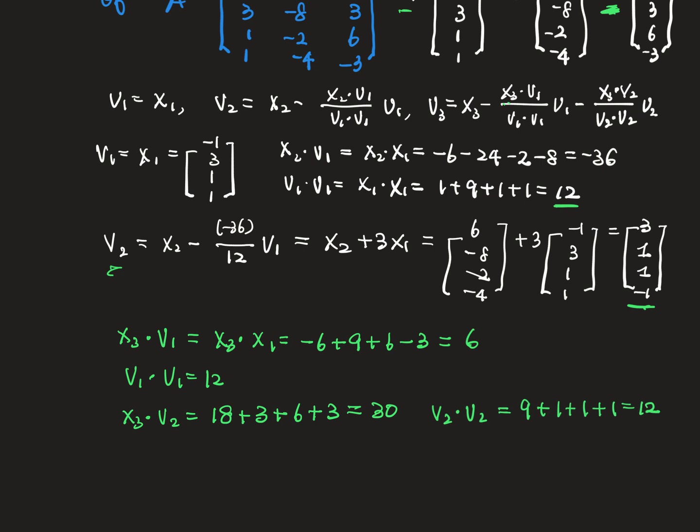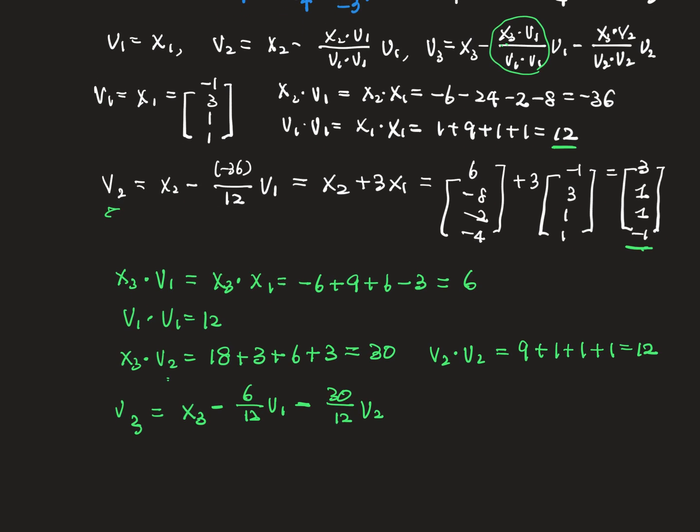So the v3 vector is x3 minus (x3 inner product v1, which is 6, over v1 inner product v1, which is 12) times v1, minus (x3 inner product v2, which is 30, over v2 inner product v2, which is 12) times v2. Okay, so v3 is x3 minus 1.5 v1 minus 5 over 2 v2.